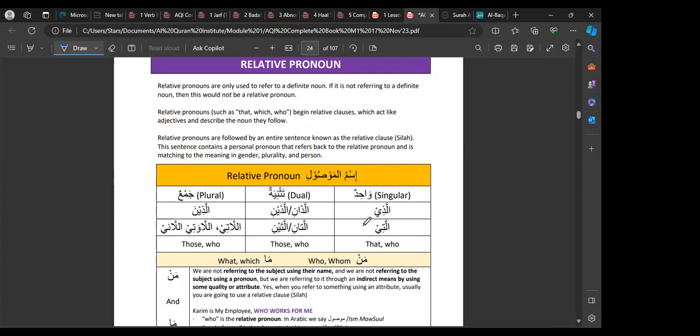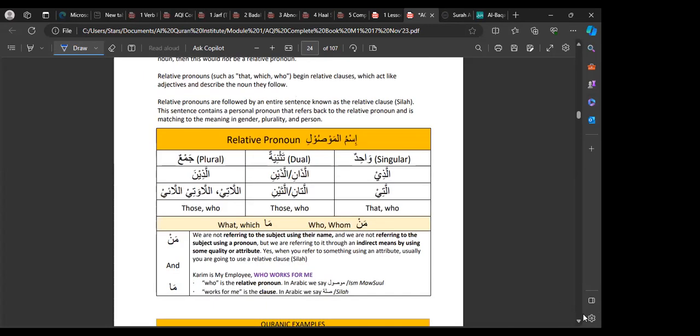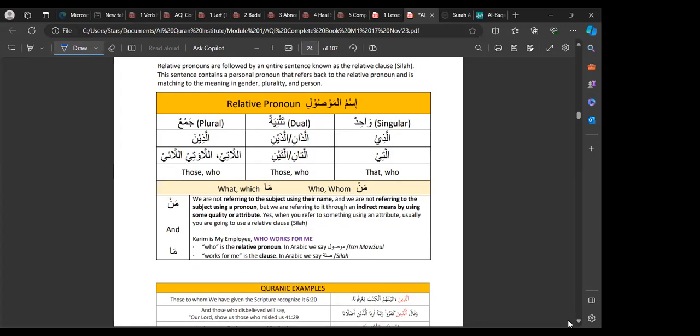So we're giving more clarity and more information to describe the subject that we're talking about. The test that was very hard, or the test which was very difficult. That is ismun mawsul, and it's relative. It's related to something else, the subject. Alladhi, allati, alladhina, etc. Those are the most common.